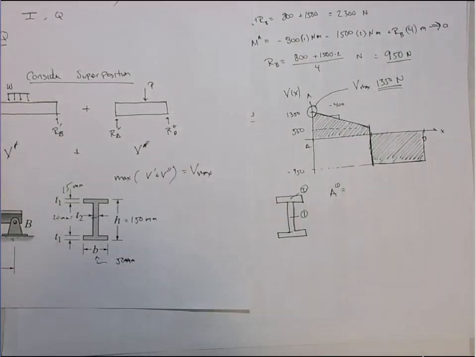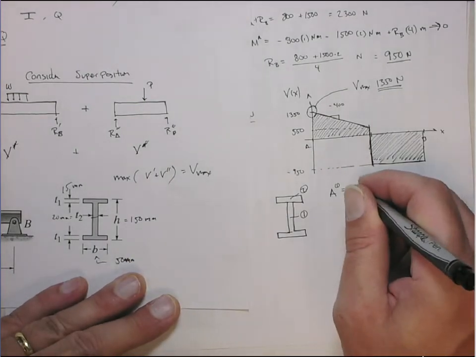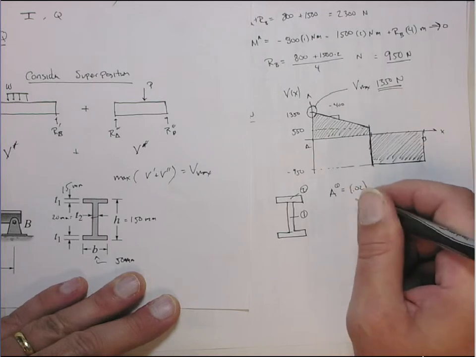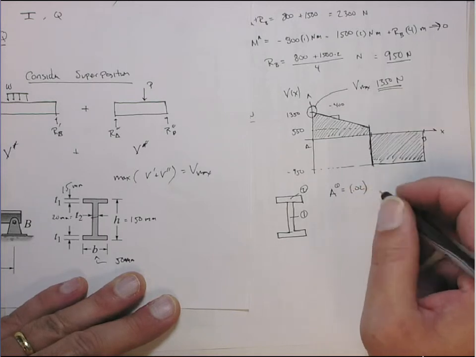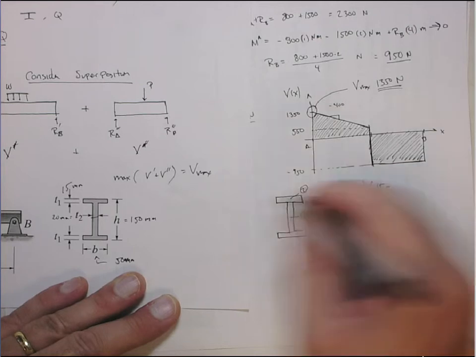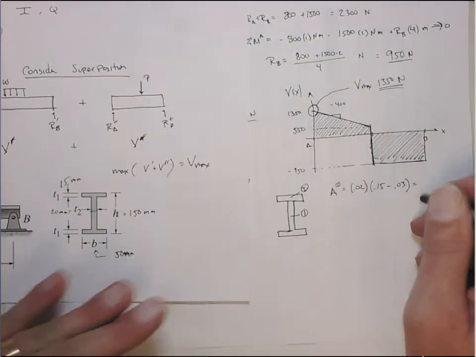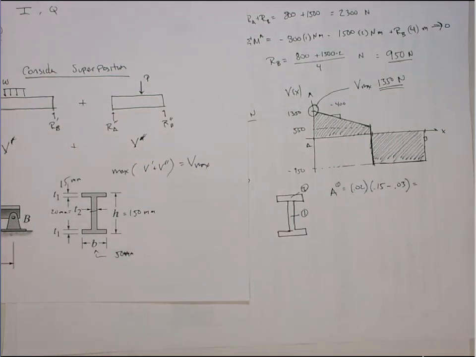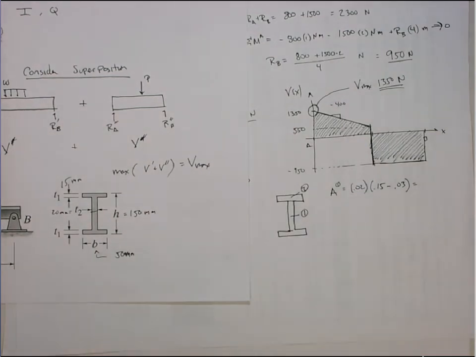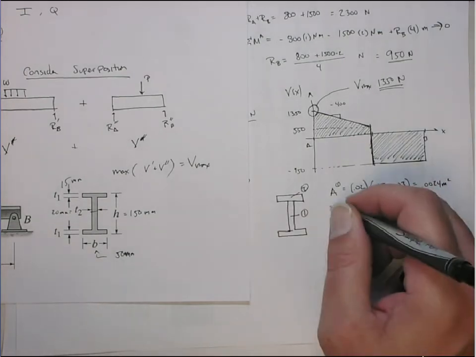So the area of section 1 is going to be 0.02 meters times its height, which is 0.15 meters minus 2 times 0.015 meters, or that's 0.03 meters. And that's going to equal 0.0024 meters squared.